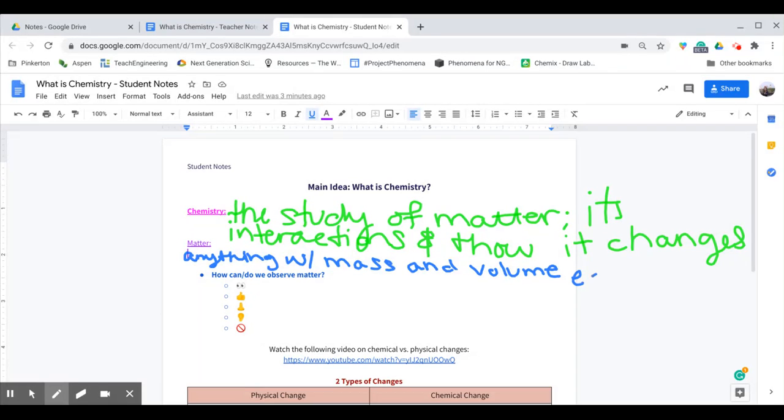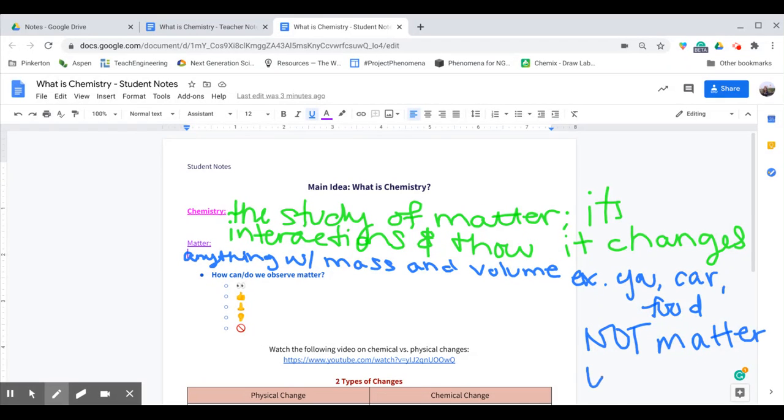So for example, you are matter. Your car is matter. Food is matter. What's not matter is stuff like light or energy.